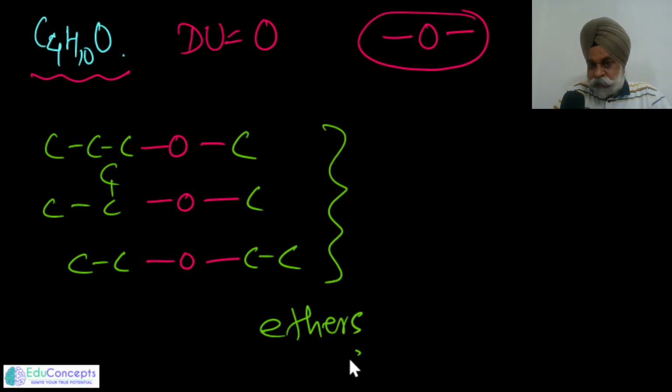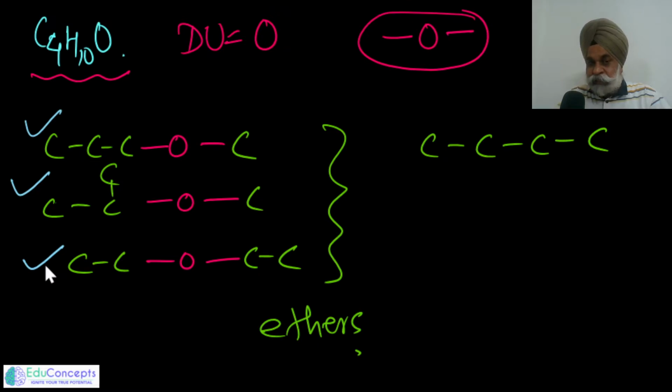In all of these I am not writing the number of hydrogen atoms; it automatically comes out to be 10 only, because if you keep the carbon atoms same, oxygen atom same, and DU as 0, the hydrogen automatically comes out to be 10. You can cross check it at your place.